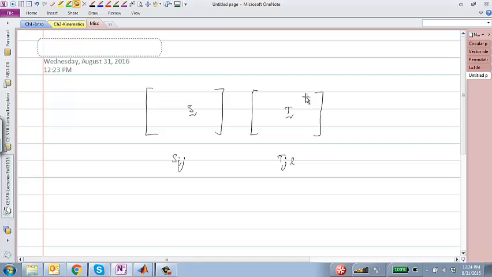So tensor composition is represented with matrix multiplication. Okay. All right. So let me stop here. I've already gone way beyond, and I'll see you back on Friday.